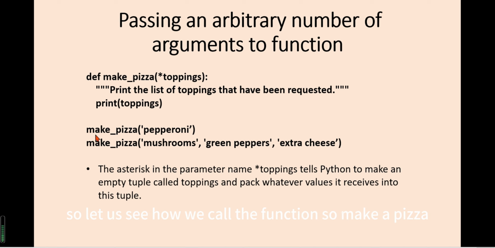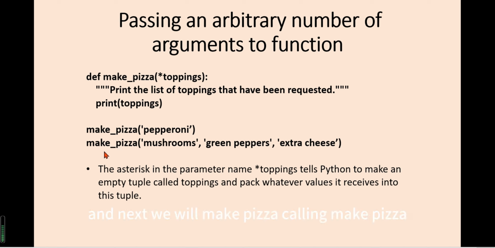So let us see how we call the function. We make a pizza with only one item called pepperoni. Then if we print toppings, the function will take in pepperoni and put it in the tuple called toppings. Then we print this tuple with only one item inside.